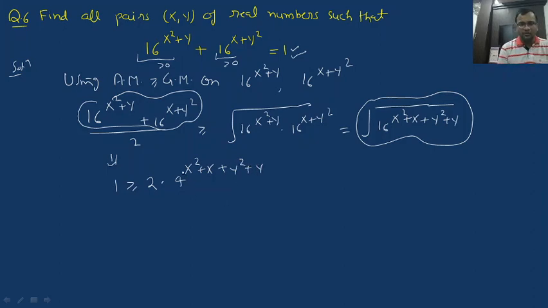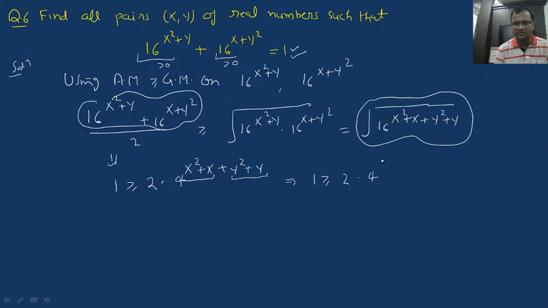Okay, now look at these two quadratic expressions. One quadratic is in x and the second quadratic is in variable y, and I want to make a perfect square in each quadratic expression. So we need to add 1 by 4 in each.